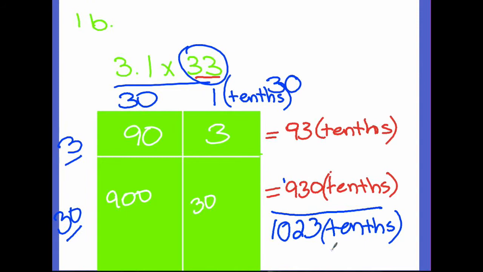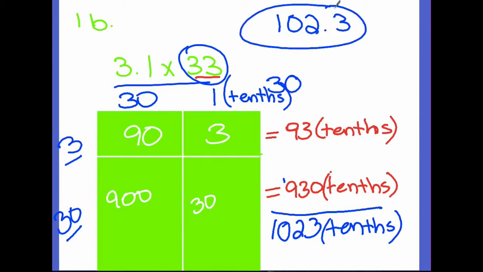Jackson? Yep. Got it? So that answer was 102.3 tenths.